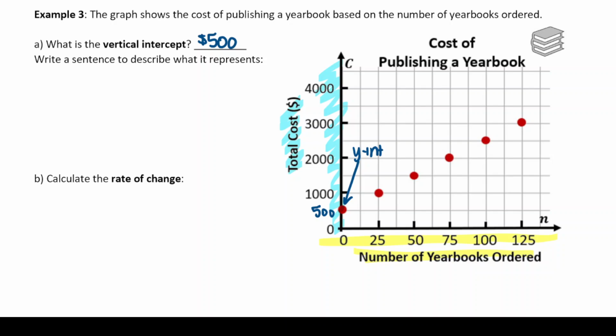So we sometimes call that the fixed cost when we're talking about cost of purchasing something. So if you have to pay something up front without purchasing any items, then that would be a fixed cost.